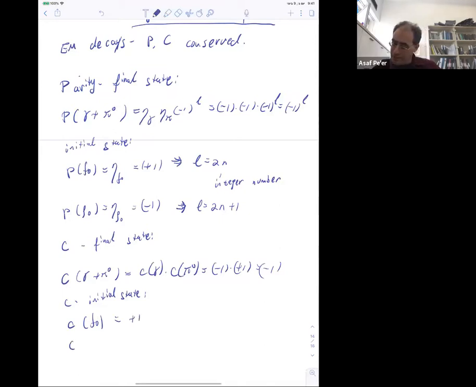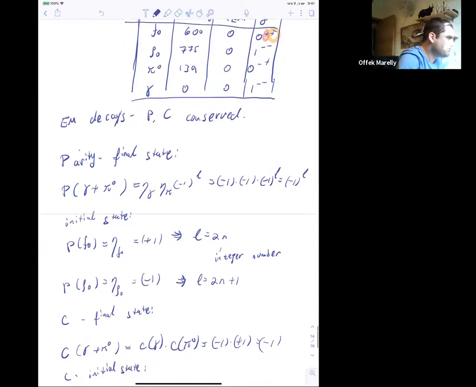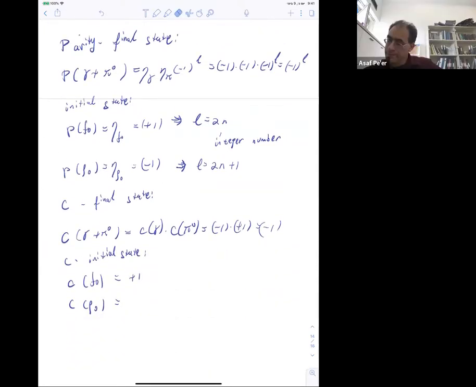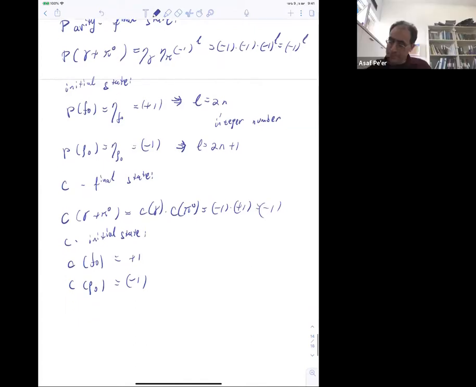And what is C of the rho particle? It's a minus 1. So, which of the decays is allowed? Rho, right? So only the decay rho goes to photon plus pion 0 is allowed.